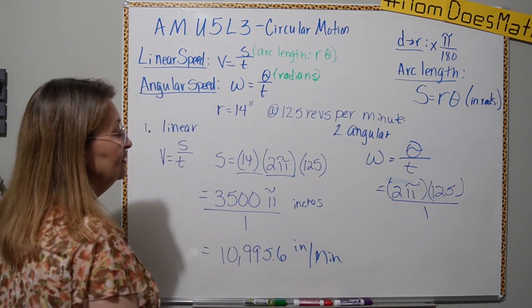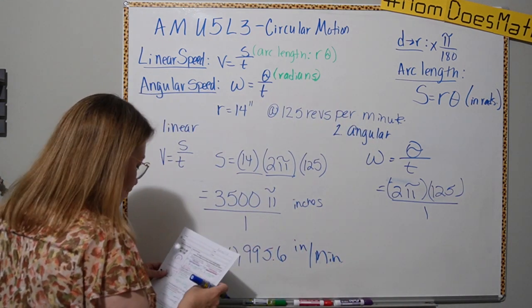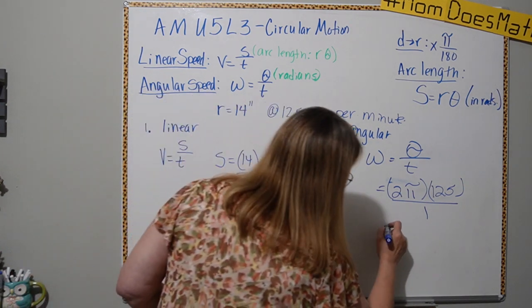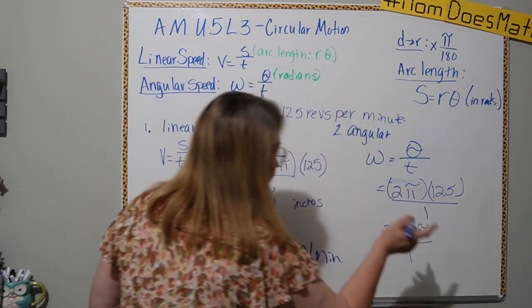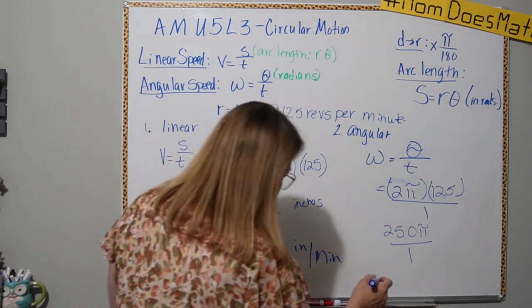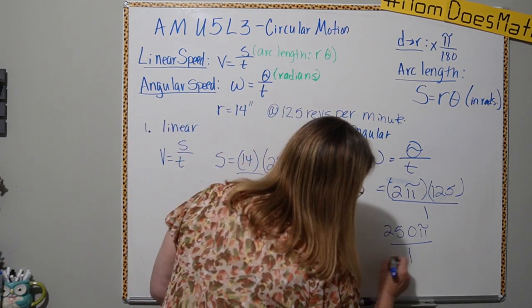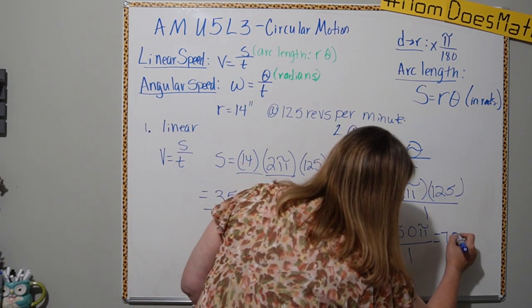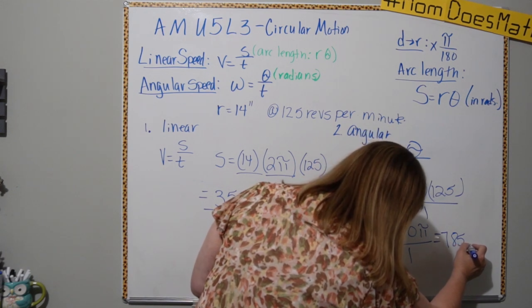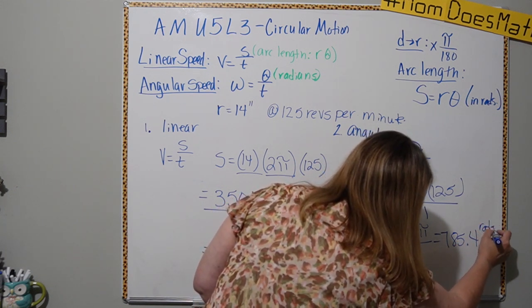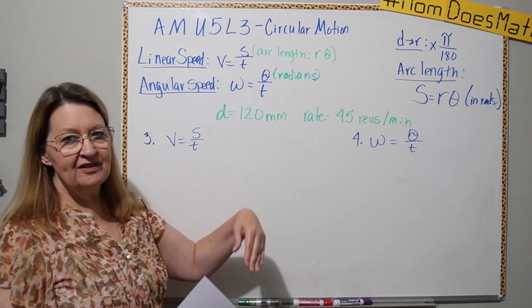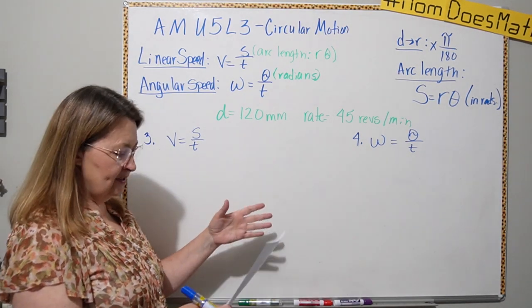So all you're going to do this time is 2 pi times 125, which will give you 250 pi over 1. So you put that in the calculator, and that will simplify down to 785.4 radians per minute.